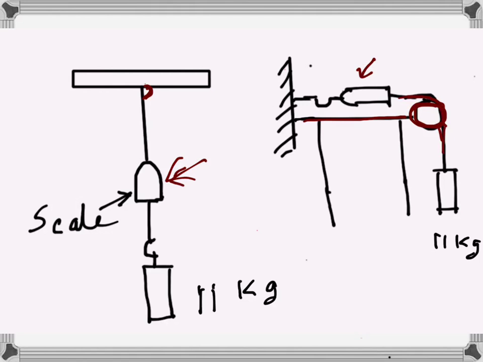And then the same 11 kg mass is hung here, this time from the pulley. The supporting force needed to hold the mass is given by the wall in this case, whereas in the first case it was given by the ceiling. So here also we have to find the reading of the scale.